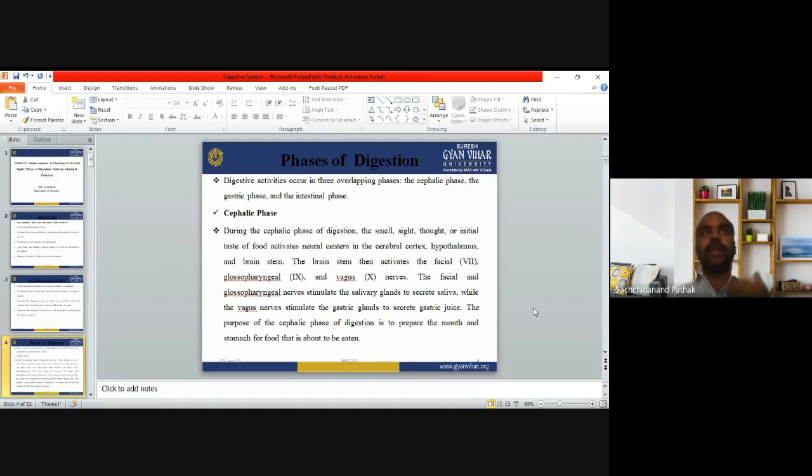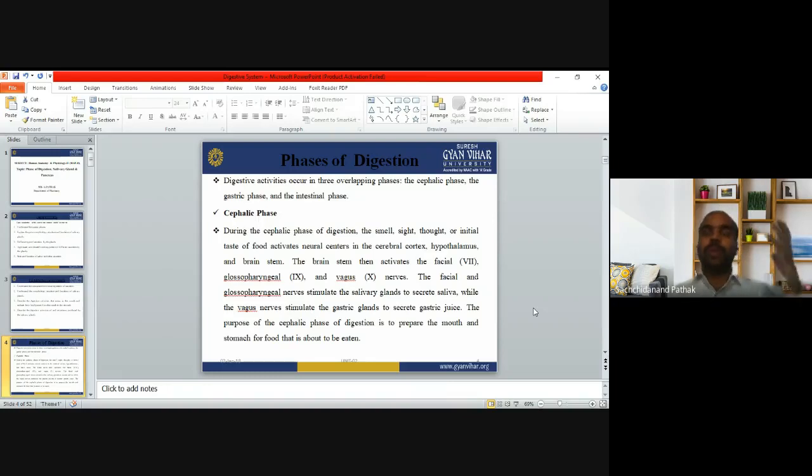By secreting the saliva, the mouth will become watery and mucus. Similarly, by enhancing the stimulation of the gastric juice secretion in the stomach, the stomach is prepared for the food. Now food is coming, so the gastric juice will already be prepared. Now how is this process going to happen? In this whole process, these initial things like the smell, sight, thought, taste will all activate the neural center in the cerebral cortex, hypothalamus and brainstem.